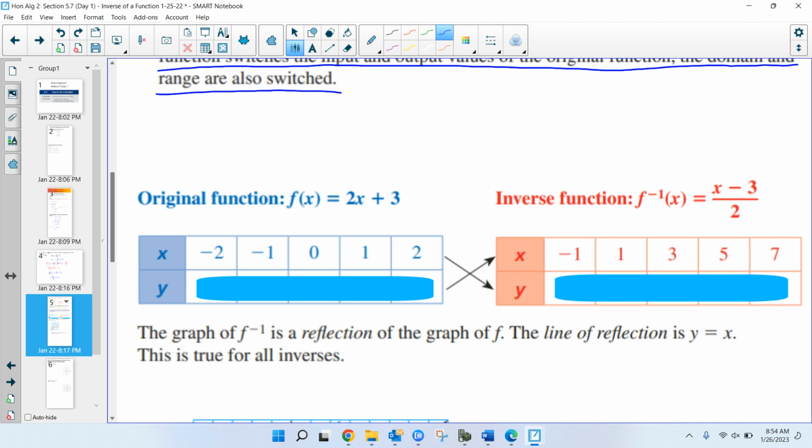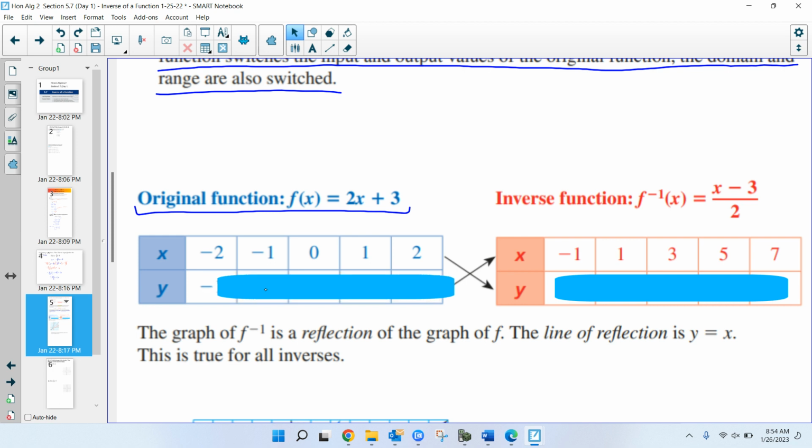All right. Let's create this table of values right here. This is the original function. If I plug in -2 for x, I get 2 times -2, which is -4, plus 3 is... -1. Thank you. If I plug in... Ooh, wait a minute.